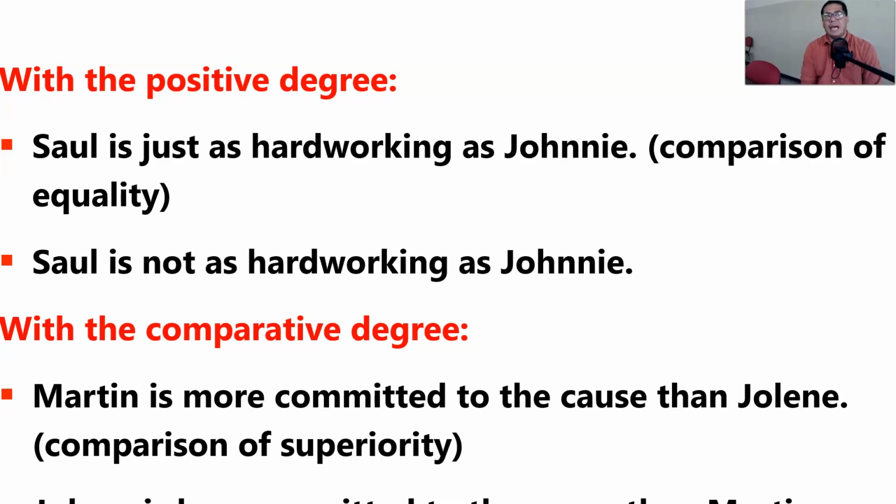I'm saying that Saul is maybe 75% hardworking, but Johnny is 90% hardworking. So that's how we can make a comparison with the positive degree, by using the preposition as.